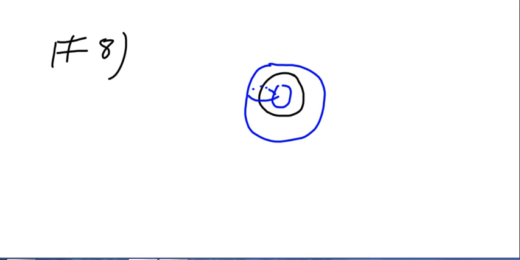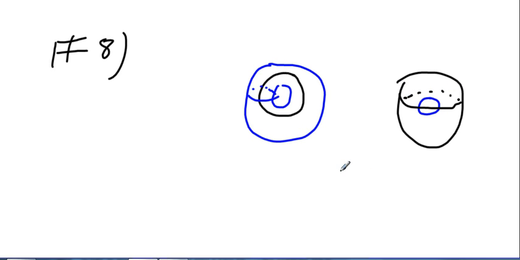Now we're going to have to figure that out. I've got the ring again, but this time it's not enclosed in a donut. It is enclosed in a sphere. Those are my two cases: I have a donut and I have a sphere. What's the ratio of the flux out of the donut to that out of the sphere?